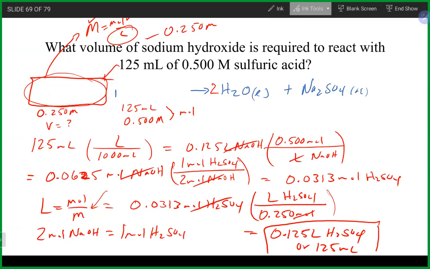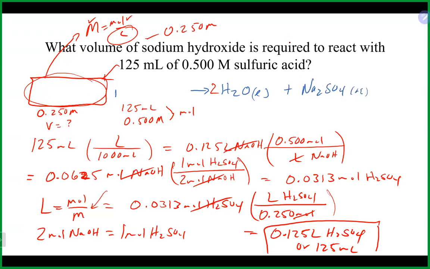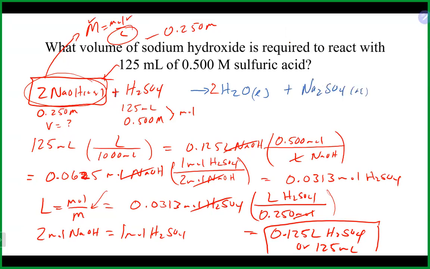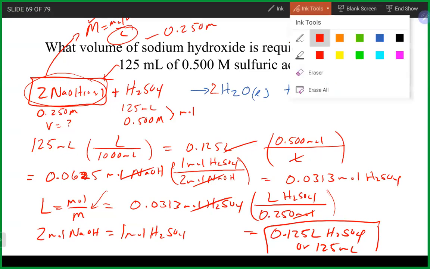All right, let's do a little fixing there. So H2SO4 and 2 of our sodium hydroxide. That looks better. Now we just need to fix some of our things down here. So obviously at this point, this would be our sulfuric acid.